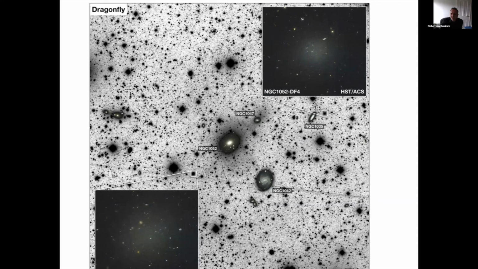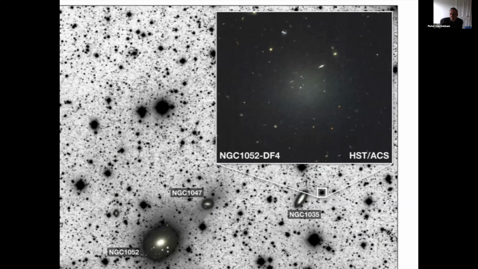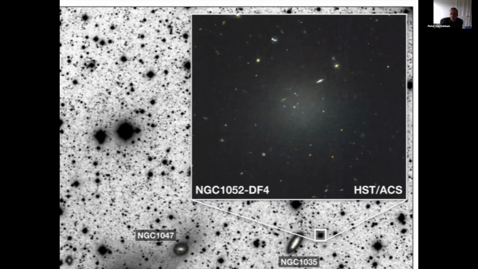It's about the same size. It's another ultra-diffuse galaxy. It has the same stellar mass, and it also has a population of extra-luminous globular clusters. Exact same thing. Same globular clusters, same diffuse light, everything the same as DF2.